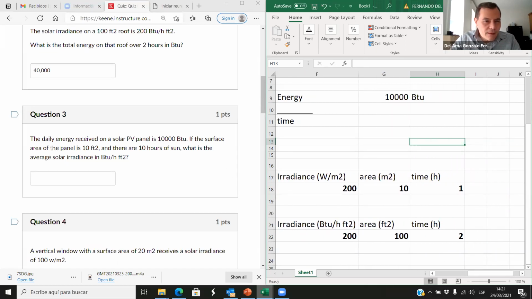The surface area of the panel is 10 and there are 10 hours of sun.